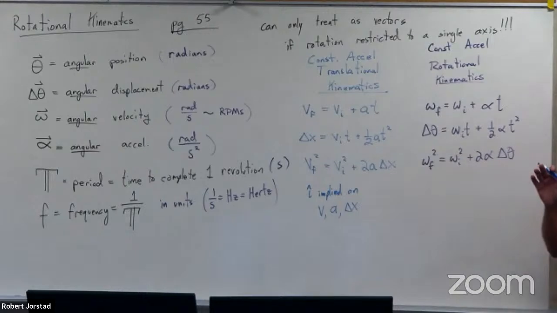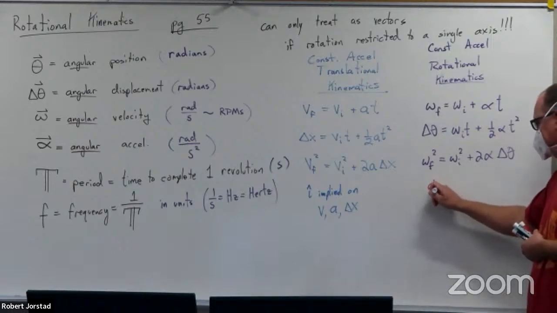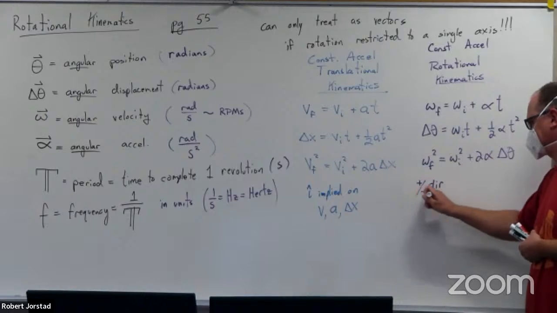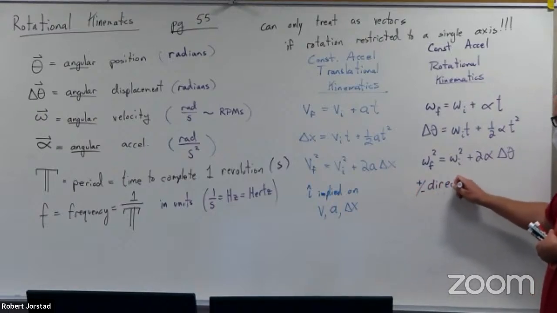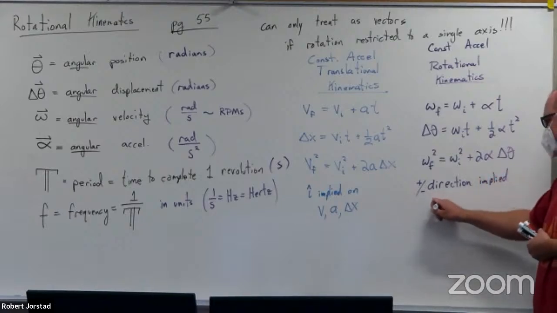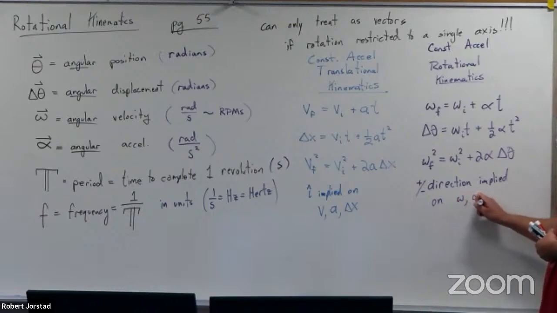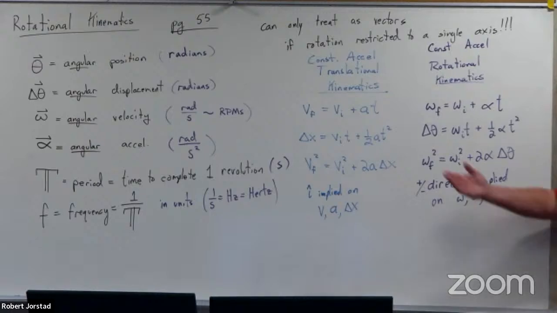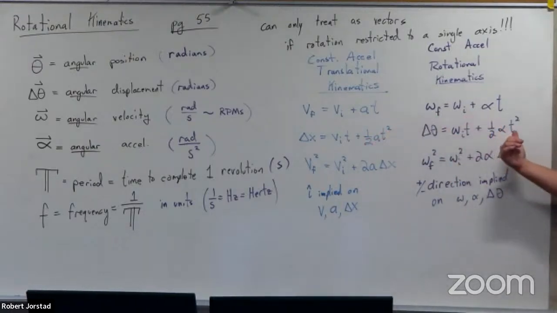There was a hidden I hat on all of those quantities. Similarly, plus or minus direction implied on omega, alpha, and delta theta. So quantities in here could be plus or minus, quantities in here could be plus or minus. You could be speeding up, slowing down, you could have positive omega, negative omega. I'll explain a little bit more about the direction in just a second.